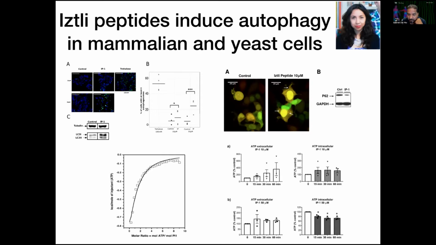And what we discovered is that only when the peptide is inside at high concentration, which is 50 micromolar, were we able to detect a reduction in the level of ATP. In the others, we didn't see any effect. And so the peptide is only toxic at high concentration, of the Ishli peptide.